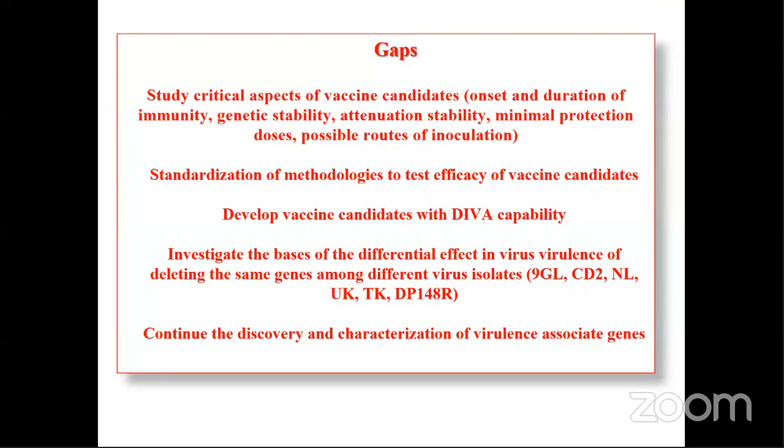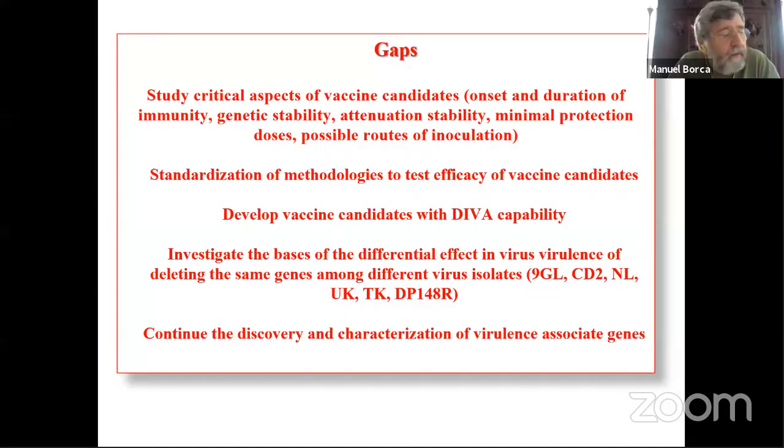Can ASF live attenuated vaccines recombine or regain their virulence? Well, that is why I think the data from our colleagues in China about the 6GD virus that reverted after the fifth passage is so important.